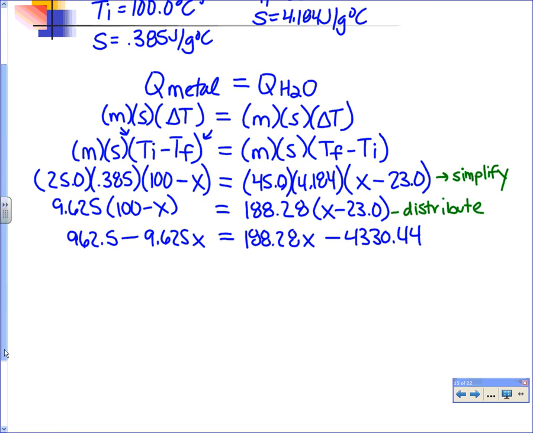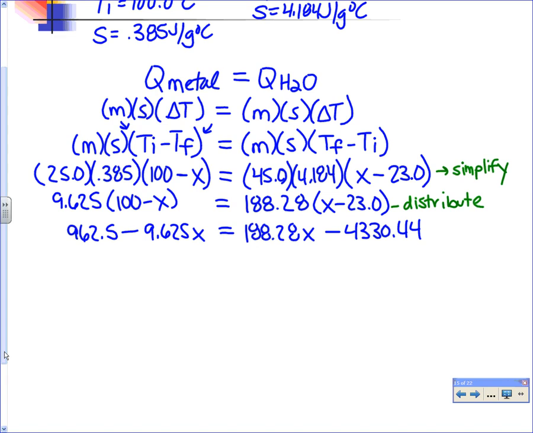What we need to do next is put our like terms together. So jot a note of what we're doing there. We're working on our like terms. It doesn't really matter. I tend to like to keep everything positive. So in this case, I'm going to add 4,330.44 to both sides.